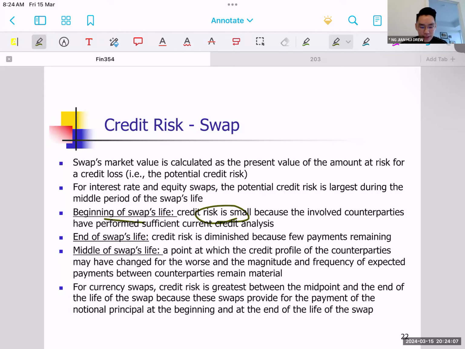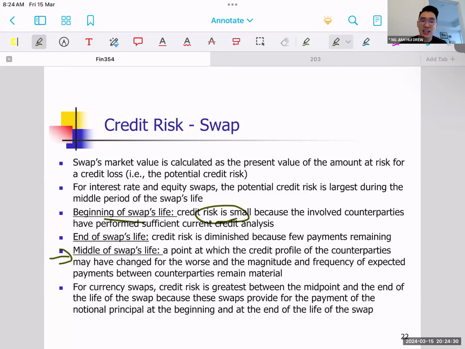Now, the problem comes in the middle of a swap. Remember, a swap can be 10 years or a 30 year swap. In the middle of the swap, that's where things can change, right? Maybe the company does a divestment, maybe they do an M&A, or a new investment into a developing country in Africa.